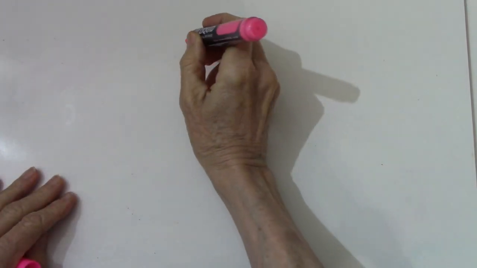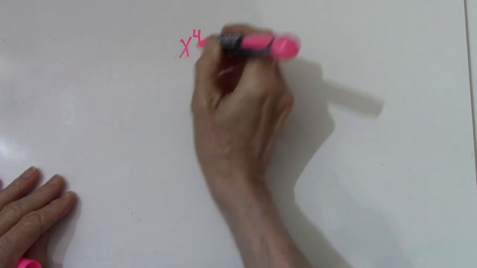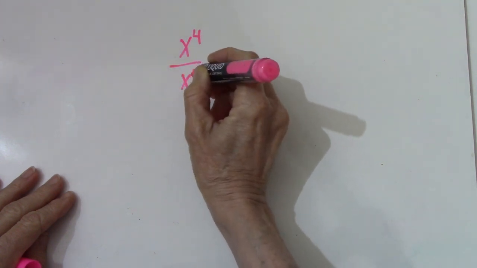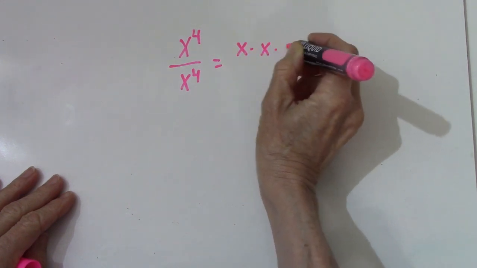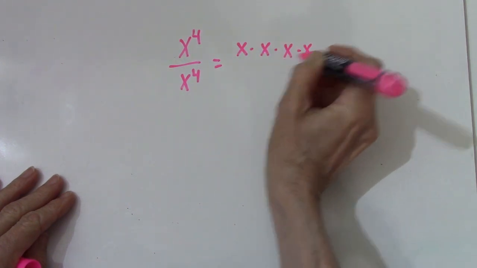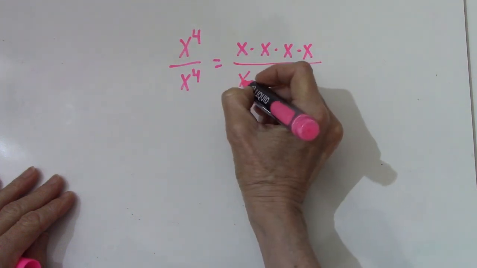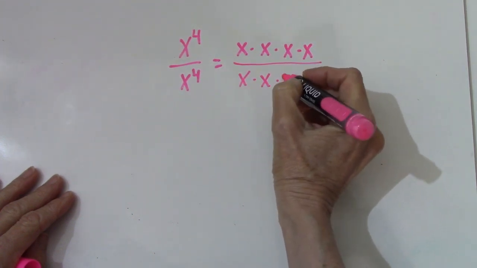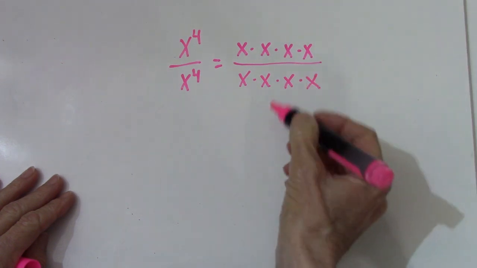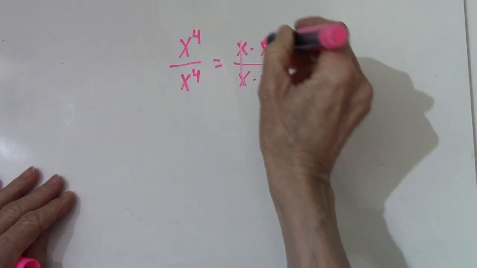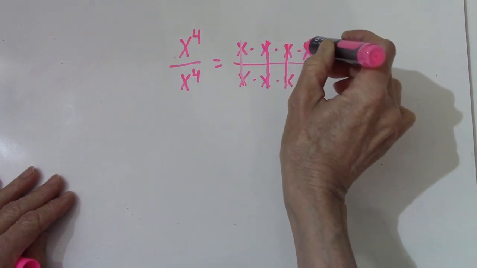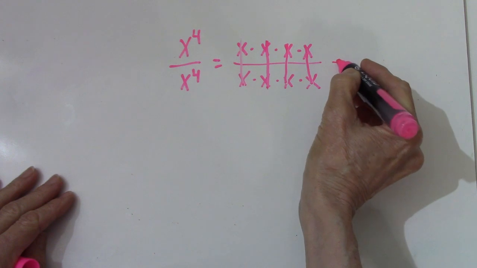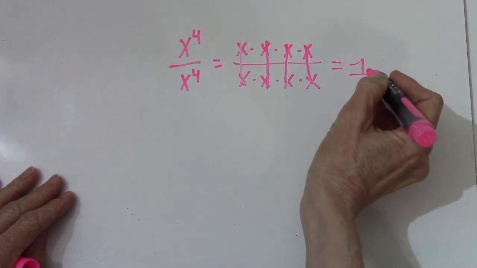Now let us look at, let's say, x to the 4th over x to the 4th. Well, this gives us x times x times x times x over x times x times x times x, and this is another name for 1. x over x is another name for 1, and this leaves us with 1.